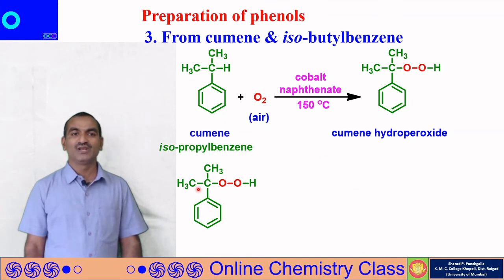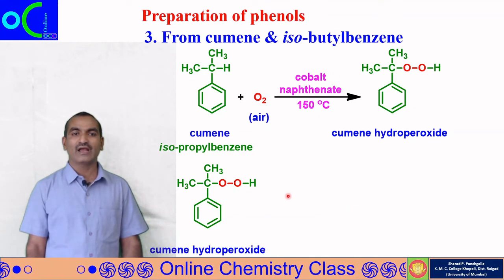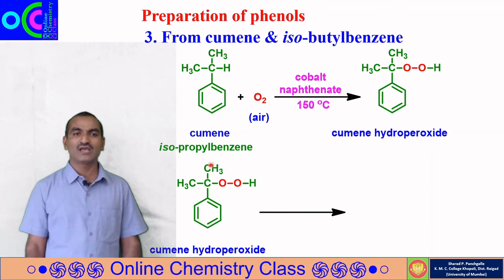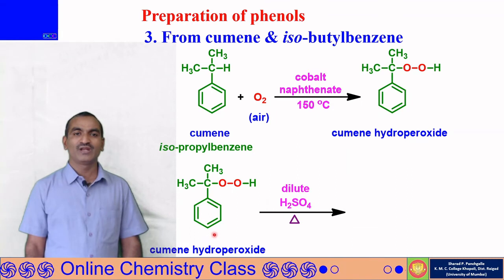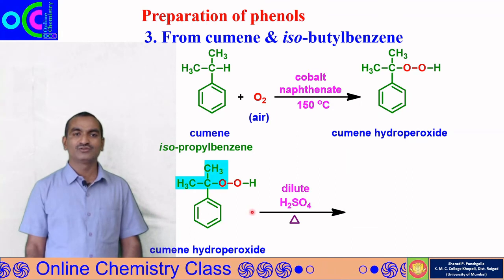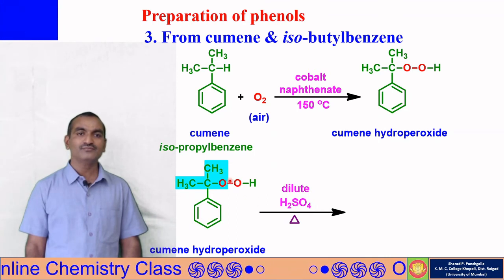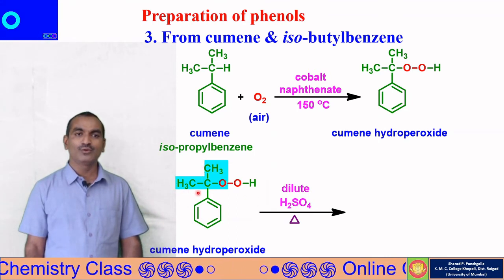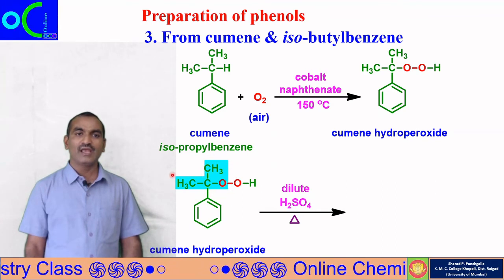So this cumene hydroperoxide, when heated with dilute sulfuric acid, there will be degradation. So we'll see how the degradation is happening. When cumene hydroperoxide is heated with dilute sulfuric acid at 150 degrees Celsius, it undergoes degradation. So this blue color highlighted part will come out as acetone.